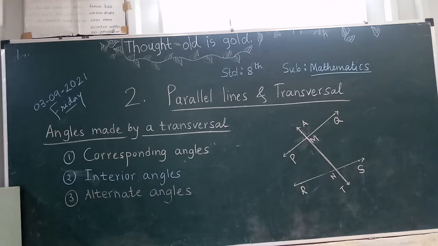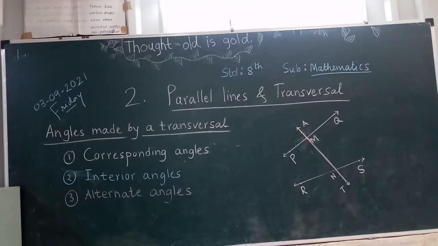Corresponding angles. See, here two lines are given, PQ and RS, and line AT is its transversal. Why is it a transversal? Because line AT intersects line PQ and line RS in two distinct points, that is point M and point N respectively. Now we study corresponding angles.